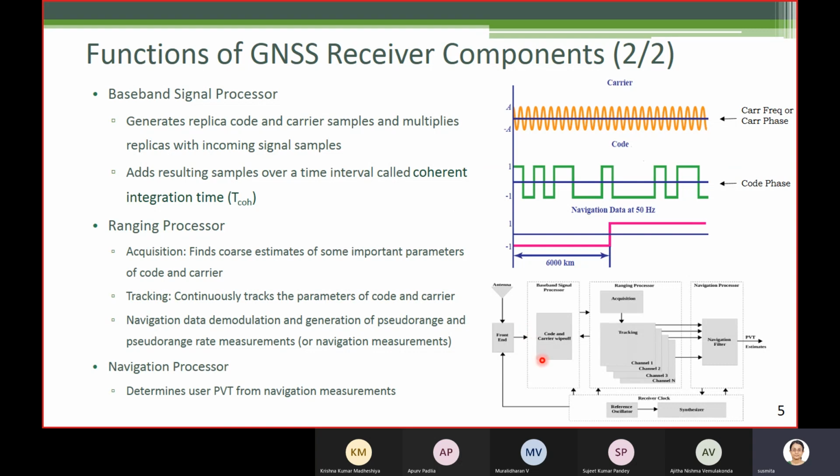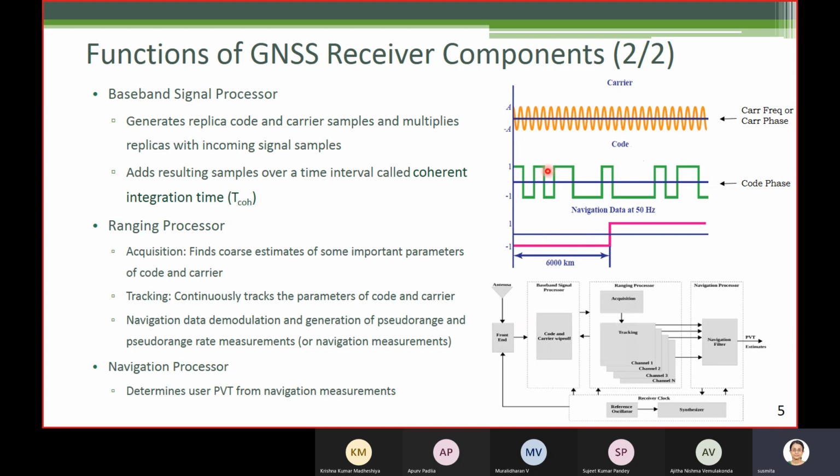The next component is the baseband signal processor. The job of the baseband signal processor is to generate the replica code and carrier. So here you see some carrier, code and navigation data. Of course, they are not drawn to scale because the orders of frequencies are different.